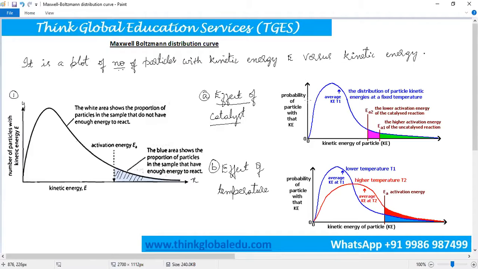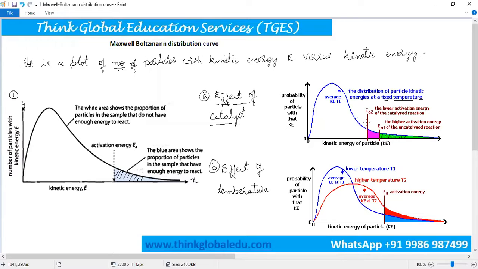In this graph of probability of the particles with the kinetic energy, or the number of particles along the y-axis and kinetic energy of the particles along the x-axis, the blue line indicates the distribution of the kinetic energy of the particles at a fixed temperature, and the portion in green color indicates the energy of the particles which have the minimum activation energy to form the products.